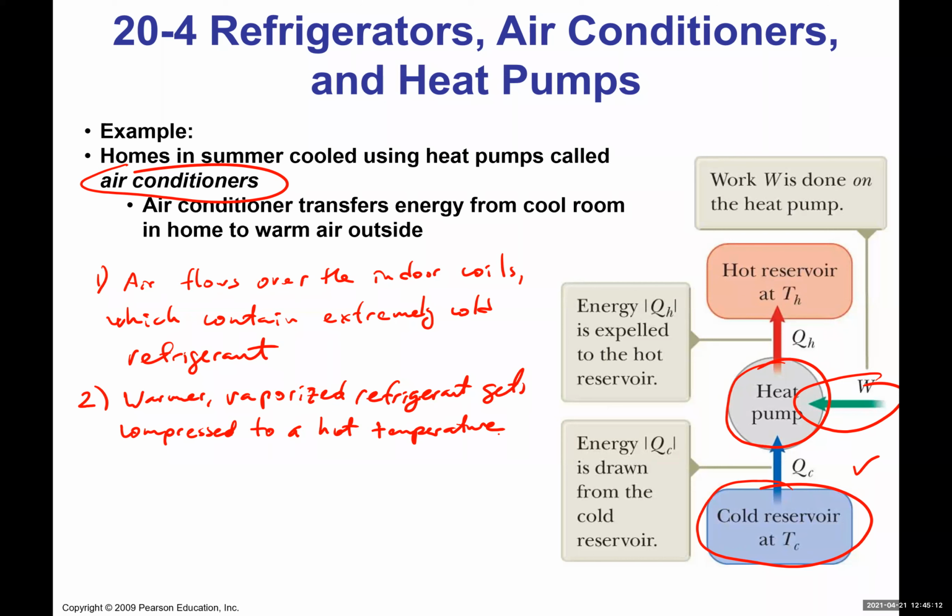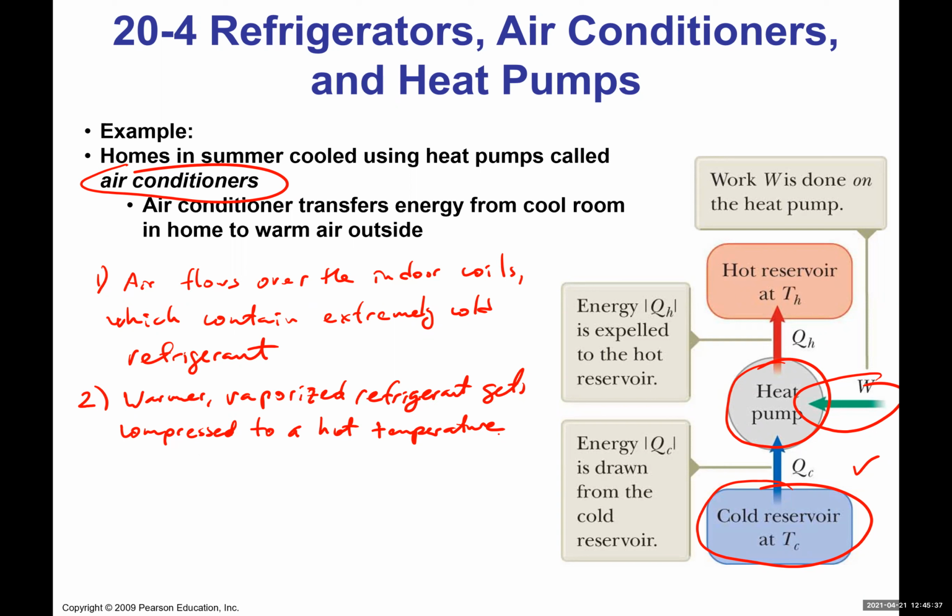Okay. Now, the reason we do that is, when this refrigerant absorbs energy, it warms up, but still, you can think of it like this. We're talking about maybe a summertime where the outside air is still very hot. Maybe it's 100 degrees Fahrenheit outside.